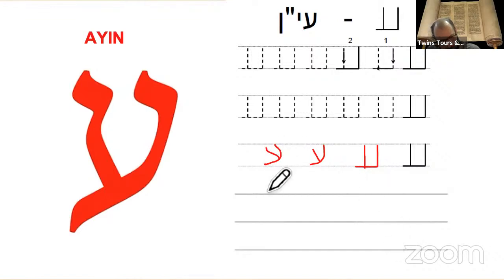Don't mix it with the sheen. The sheen or the seen is different. The most important thing is there is nothing here, the third one. So if it's two, it's ayn. Hebrew letter ayn.